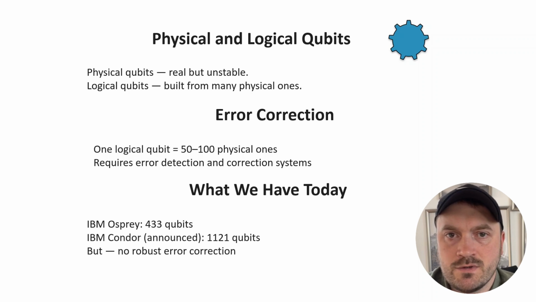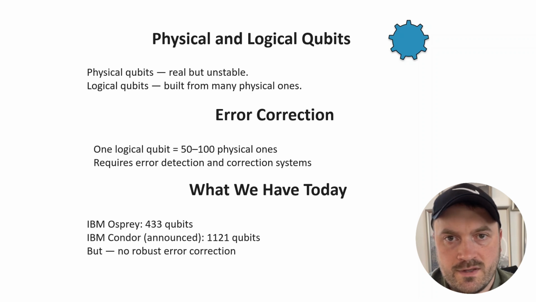They lose their quantum state. This is called decoherence. Because of this, you can't just take 512 physical qubits and run Shor's algorithm. They would produce errors at almost every step.